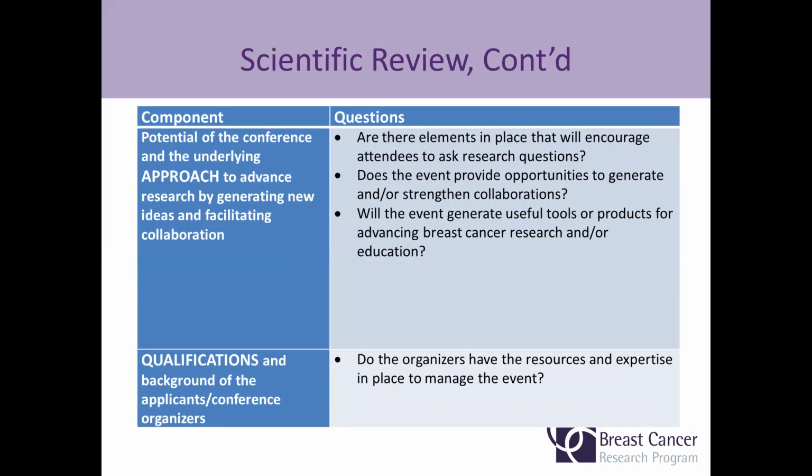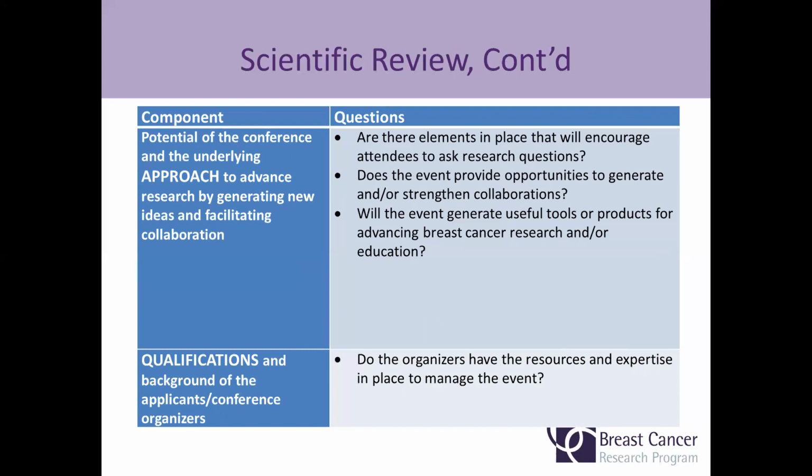The third component of the scientific review is looking at the approach. So what is the potential of the conference and the underlying approach to advance research by generating new ideas and facilitating collaboration? They're essentially looking at, here are your goals, how are you going to achieve them? The questions they're going to be looking at are: are there elements in place that will encourage attendees to ask questions?